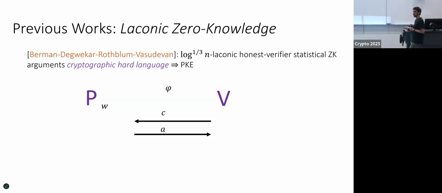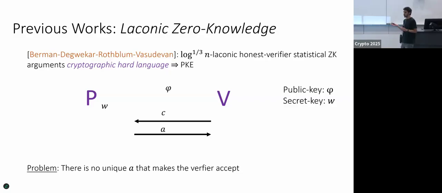And if we are able to do it, we can use the previous result in order to construct witness encryption from it. But the problem, of course, is that maybe there is not just a unique A that makes the verifier accept. And the public key encryption scheme actually looks very similar to witness encryption. The public key is going to be just an element in the language. The secret key is going to be a witness.